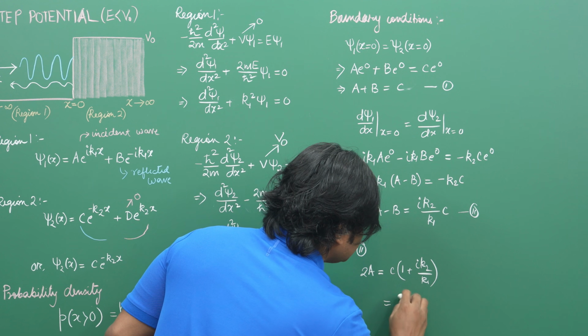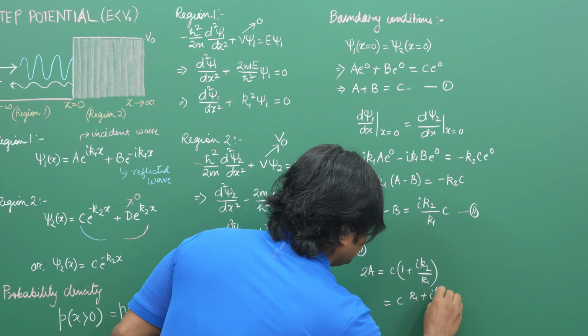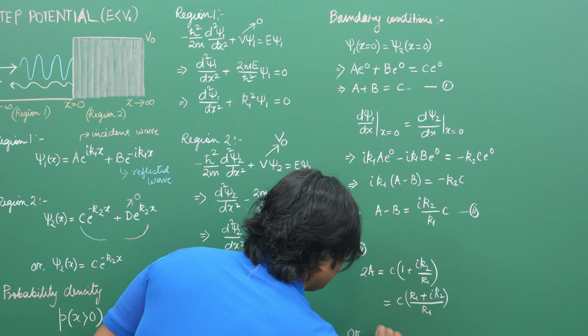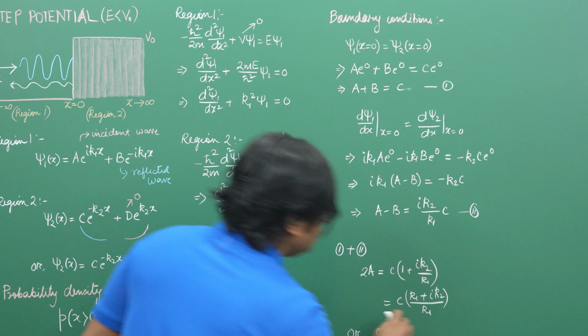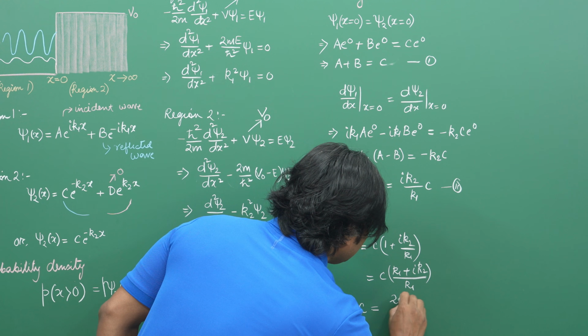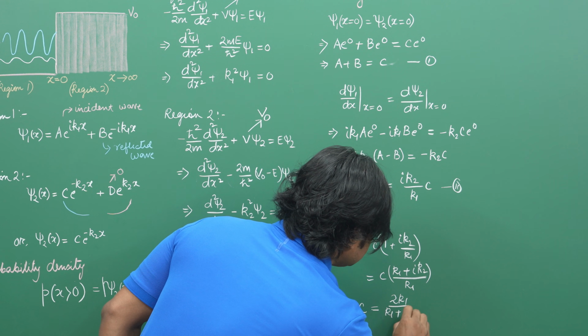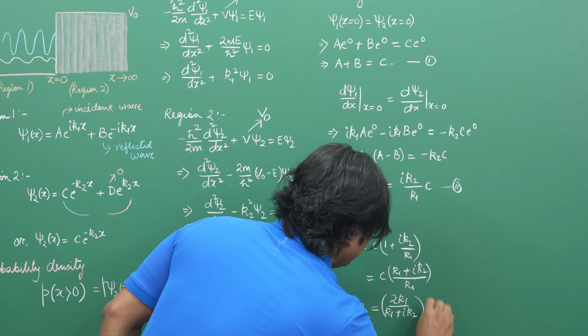Okay, so this becomes c (k1 plus iota k2) upon k1, which finally means that c in terms of a is equal to 2 k1 upon k1 plus iota k2 times a.